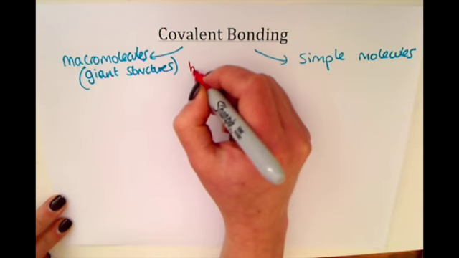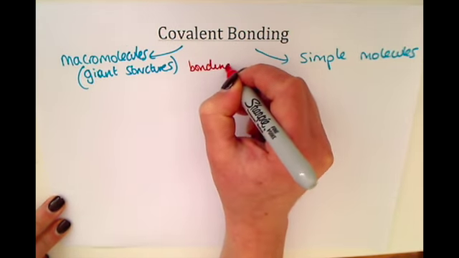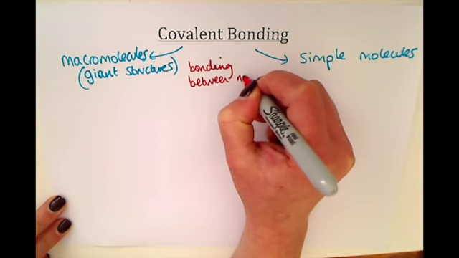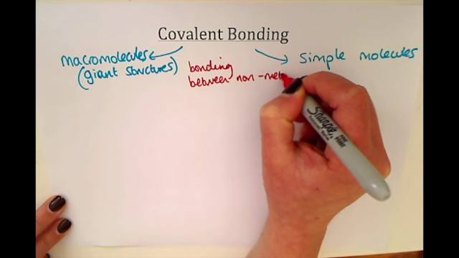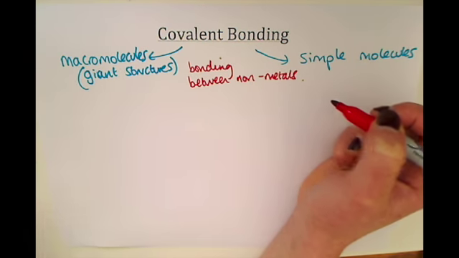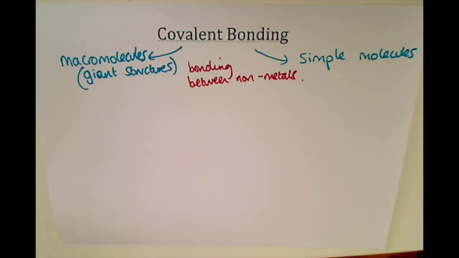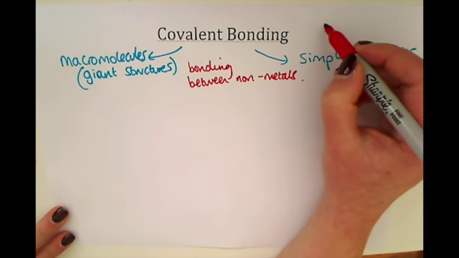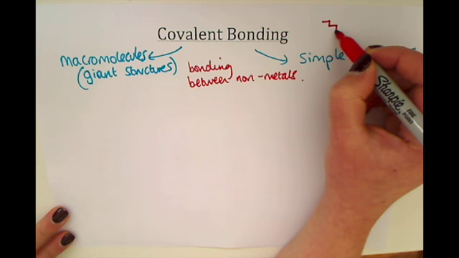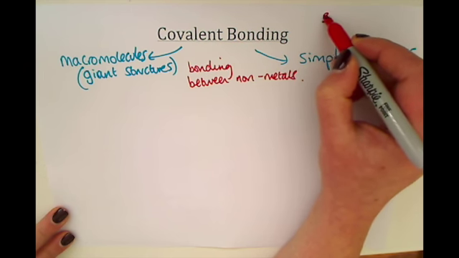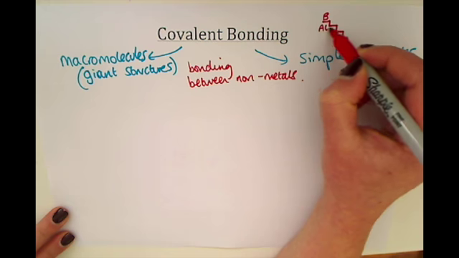Okay, so it's bonding between non-metals. If you remember on the periodic table, you can separate the metals and non-metals by the zigzag line on the right hand side, which exists between boron and aluminium.